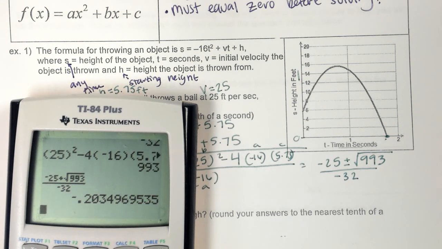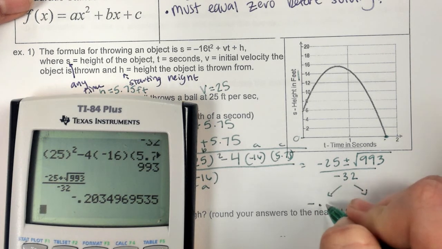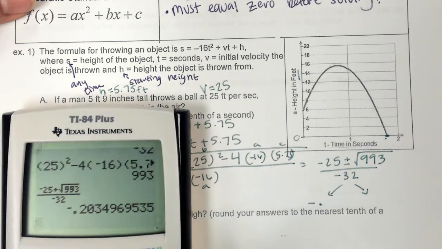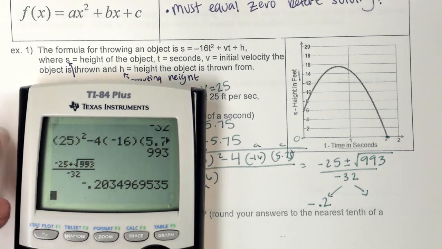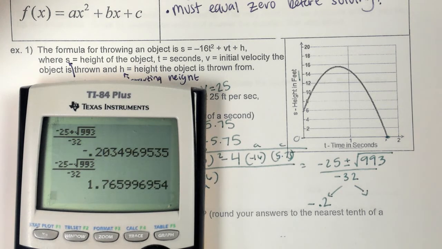So it's going to give you negative point. Now it tells me to round to the nearest tenth, which is one number after the decimal, so negative 0.2. And then this is the cheat. Are you ready? Click second, enter, and it types it again for you. Now, you do have to scroll and go to the plus sign and make it a minus sign, and then there you go.